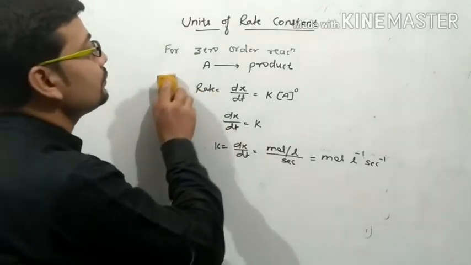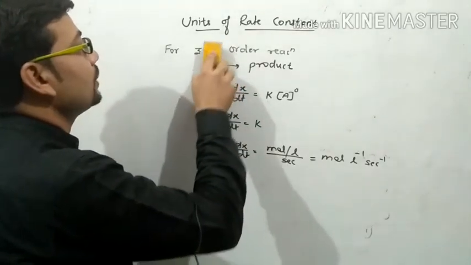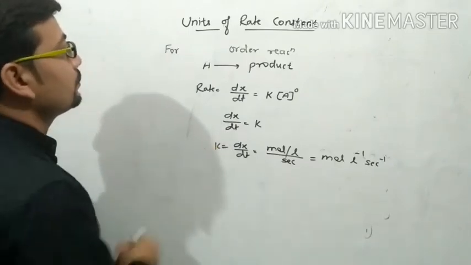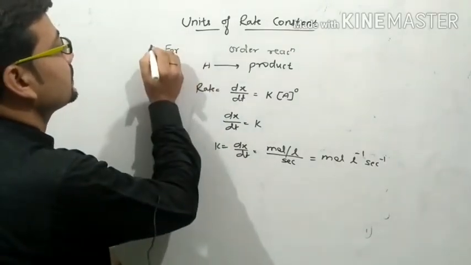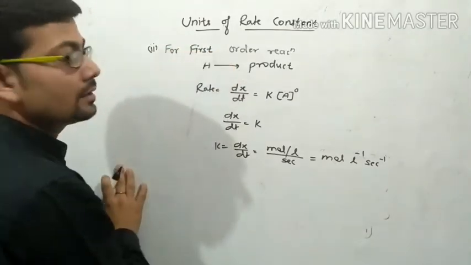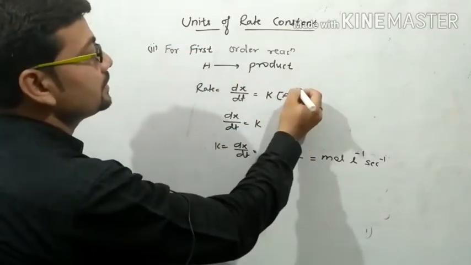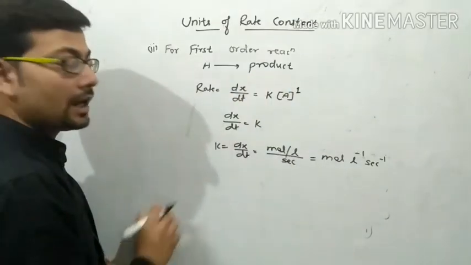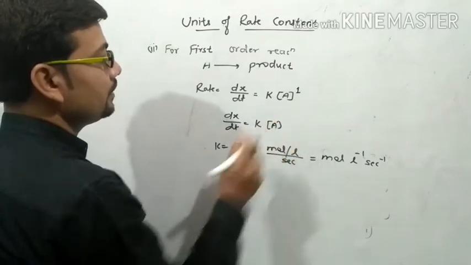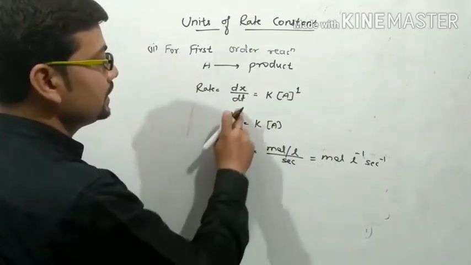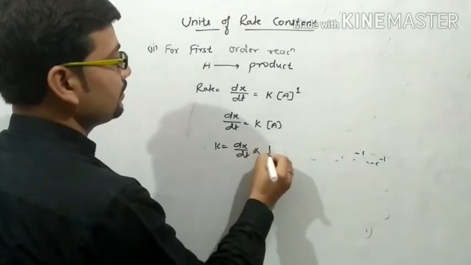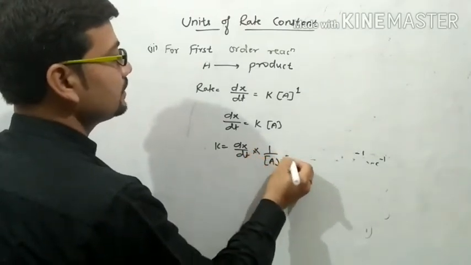Now the unit for first order reaction. Here the concentration term has power 1. So k is equal to dx upon dt multiplied by 1 upon A, right?